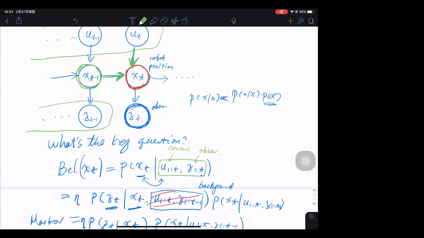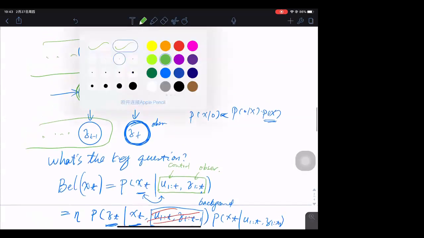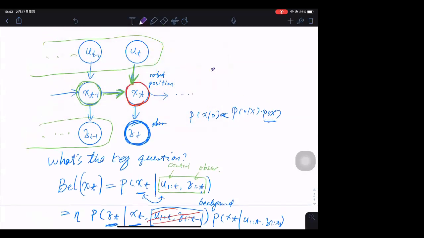Similar to what we discussed just now, if the robot's previous position is here, and we grant a control ut, finally the robot arrives at a new location, but with some uncertainties, right? That's the distribution of p of xt given ut. So you should know xt minus 1. Otherwise you cannot know this p of xt, because when you perform the control ut, you don't know where you started, right?